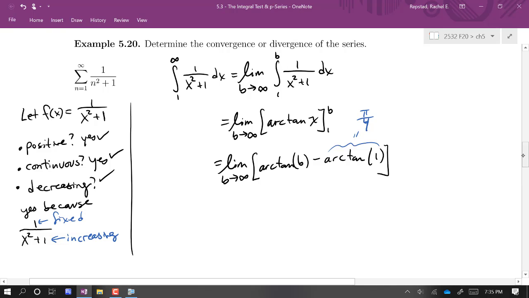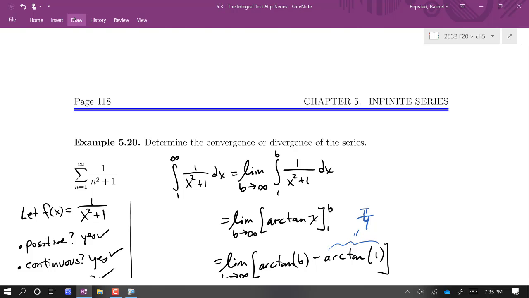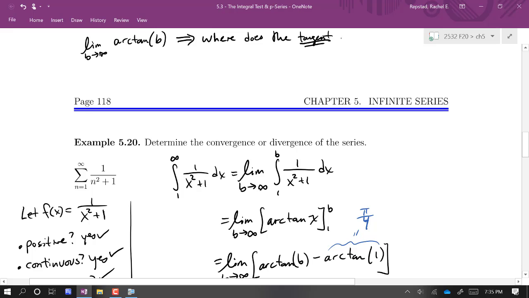If we're interested in the limit as b approaches infinity of arctan b, since the argument of arctan is getting huge, that means we want to know, where does the tangent function blow up?